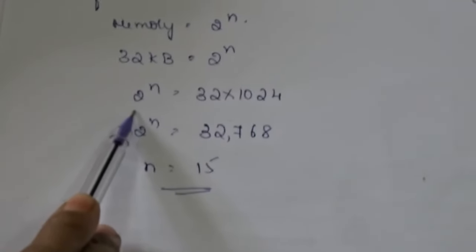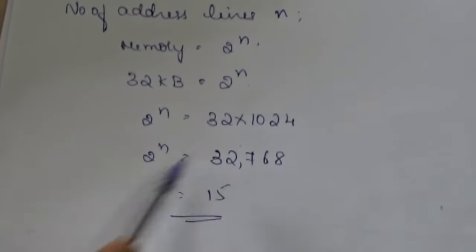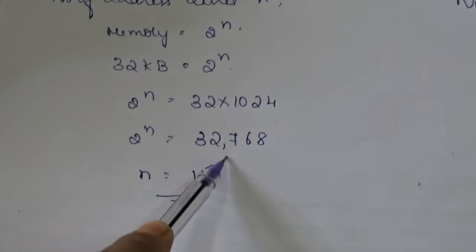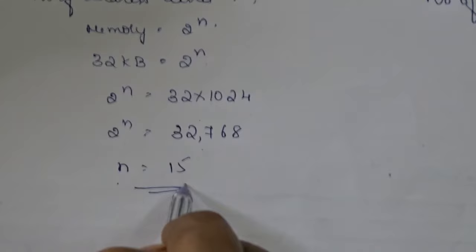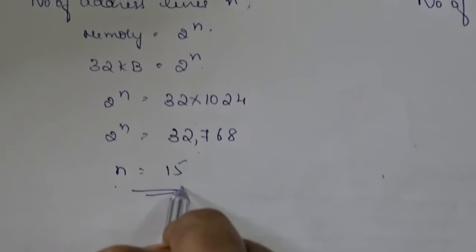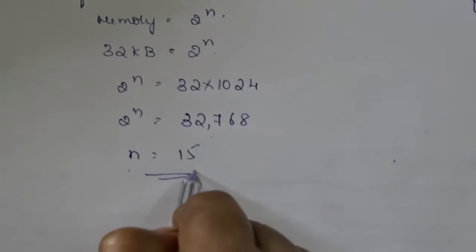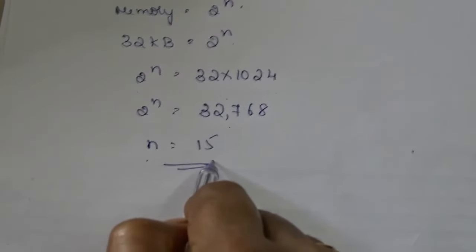So 2 to the power n is equal to 32 into 1024, that is equal to 32,768. So the value of n is equal to 15. That means totally 15 address lines are required to connect to ROM for a memory capacity of 32 kilobytes.